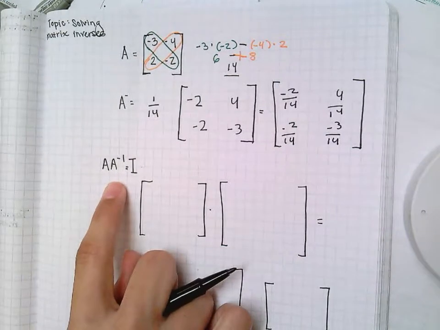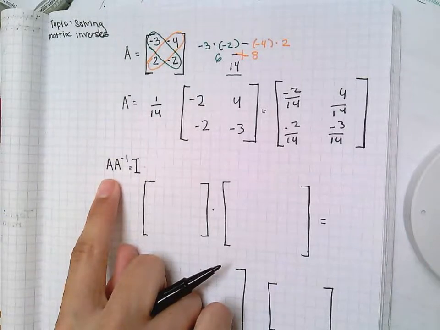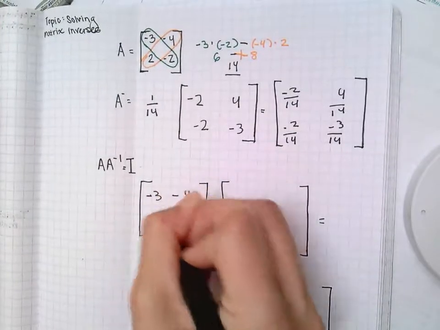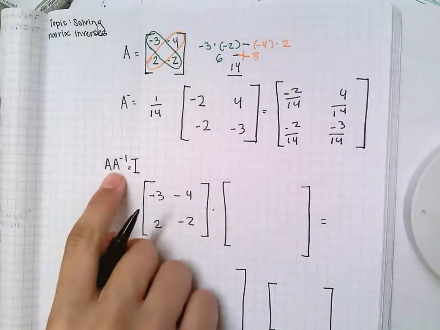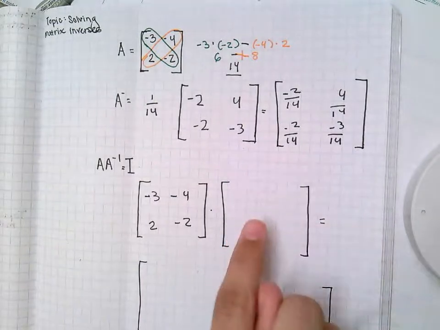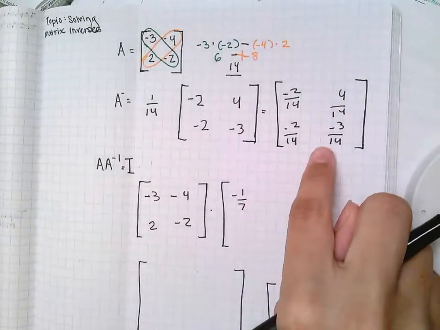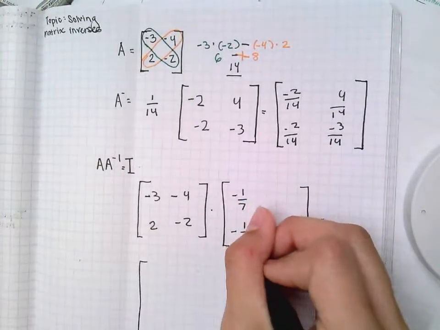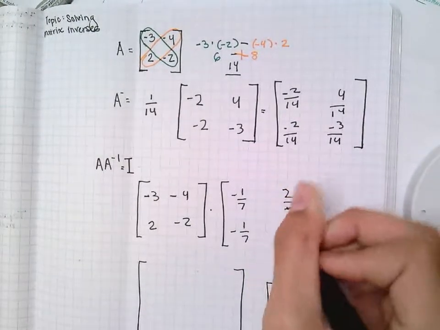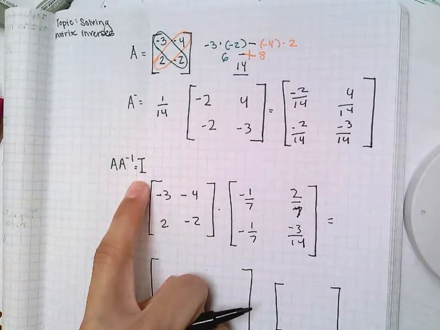Now we will be finding the identity. We take the matrix A, our original, multiplied by A inverse, note that we are simplifying here from here to here. And now we will get our identity here.